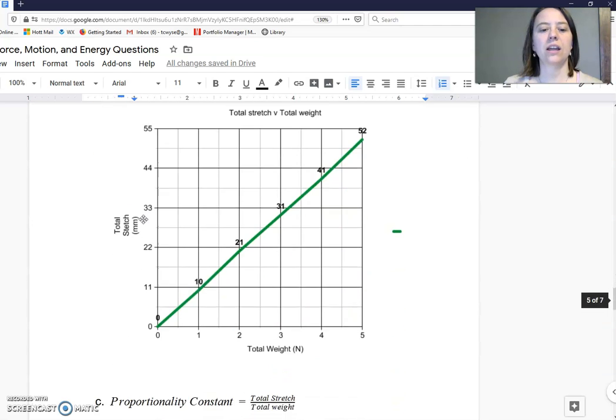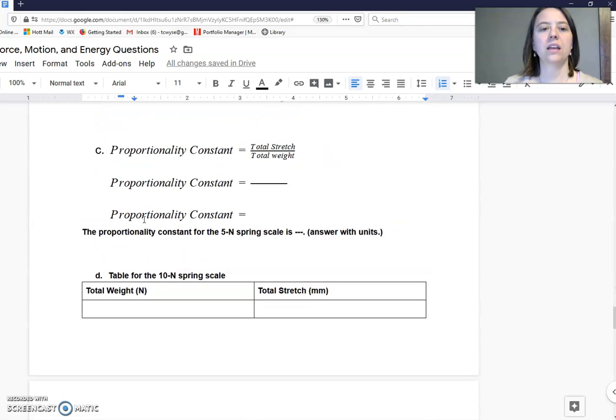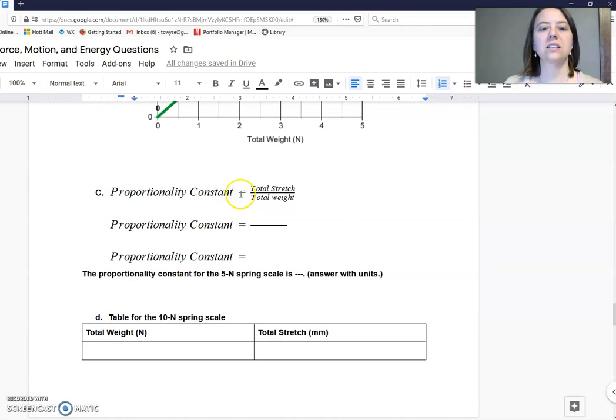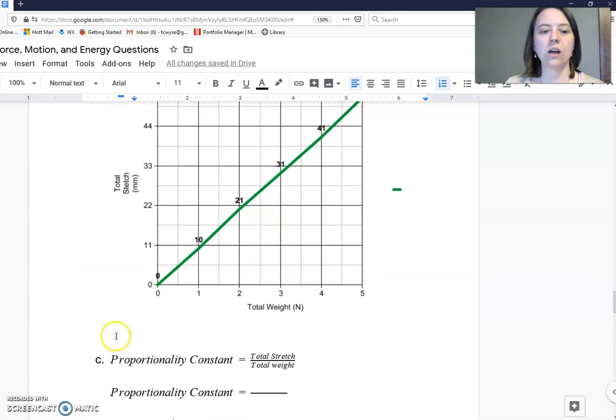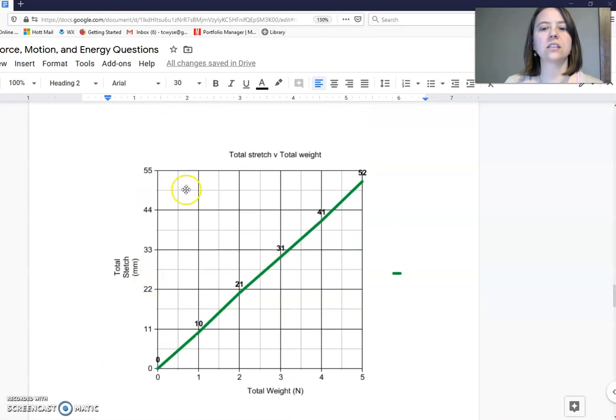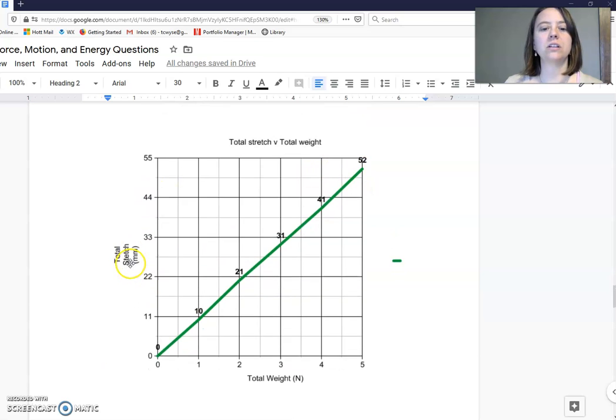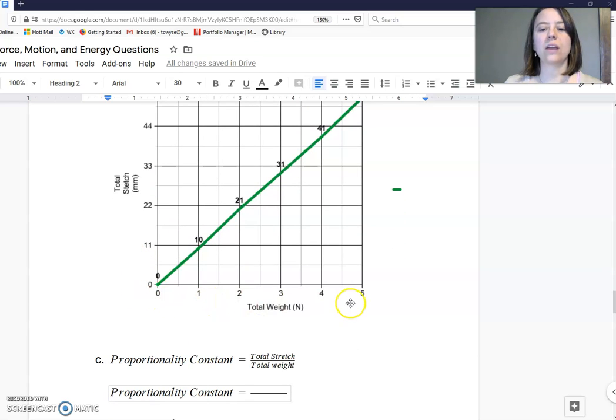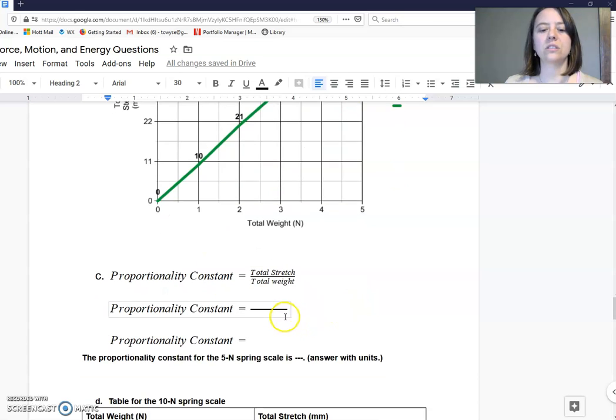Moving on to C, it says calculate the proportionality constant for the 5 Newton spring scale. So we go down to where our answers are, and again the proportionality constant is equal to the total stretch over the total weight, and this is where I sub in my numbers, and would want to pick a number that is nice and right on the line. So coming over here, our total stretch is 52 millimeters, and our total weight is 5 newtons.